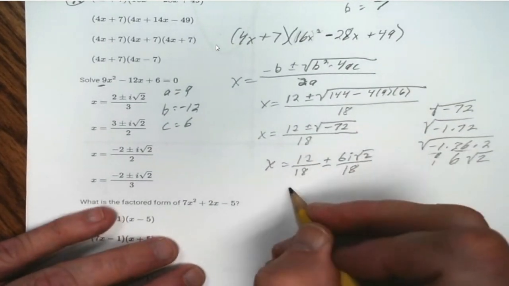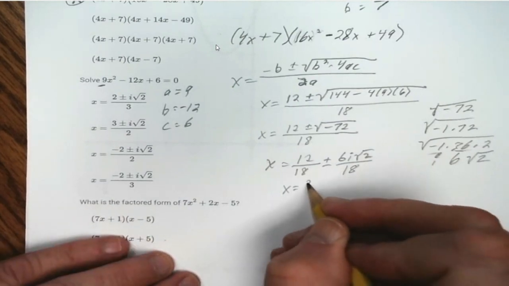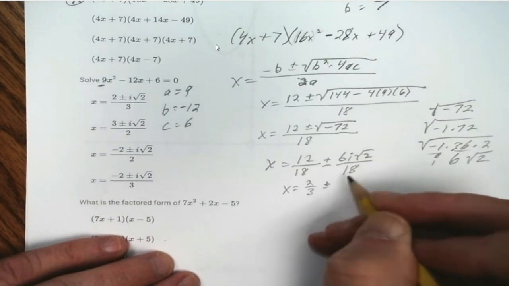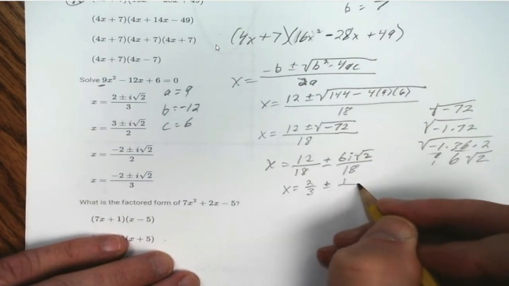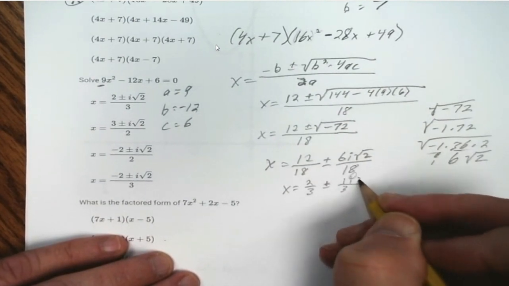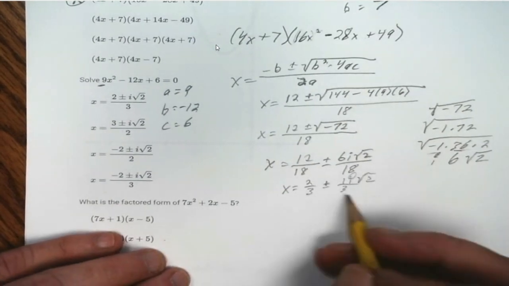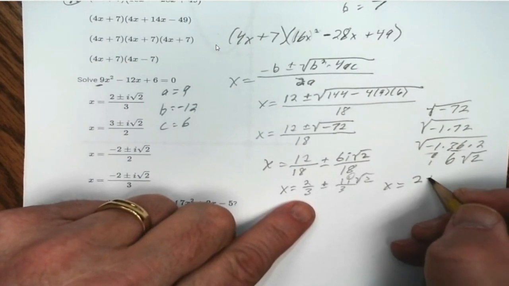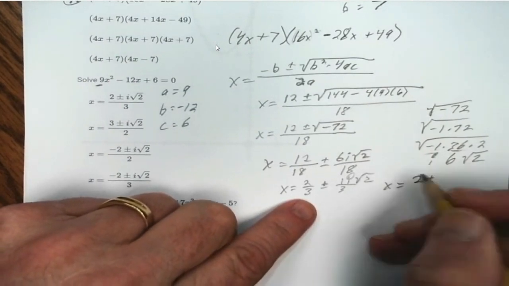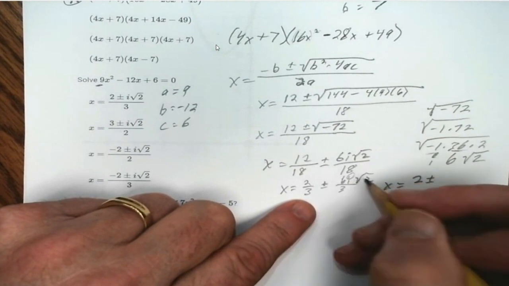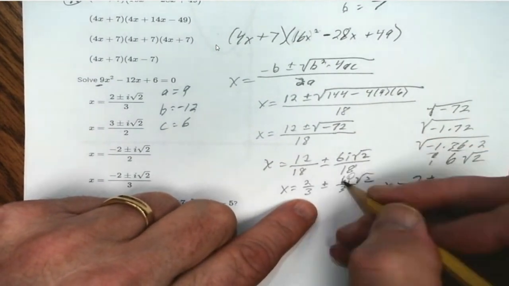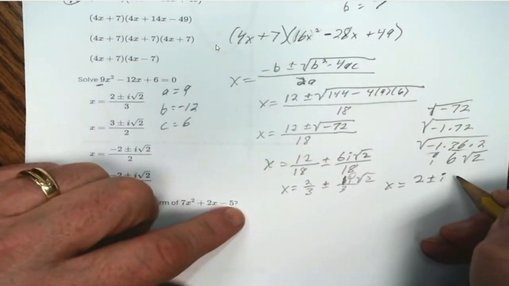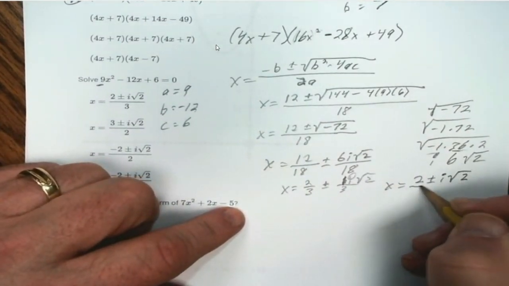So X equals 2 over 3 plus or minus, and this 6 over 18 is 1 over 3 i square roots of 2. So if we put it back together, X equals 2 plus or minus, oh, and there's a 6 out there too. 1 times 6. Oh no, it's just a 1 because the 6 got dissolved in there. So it's just i all over the 3.